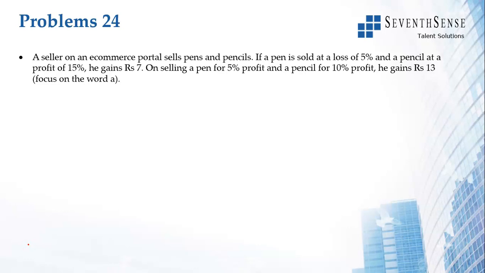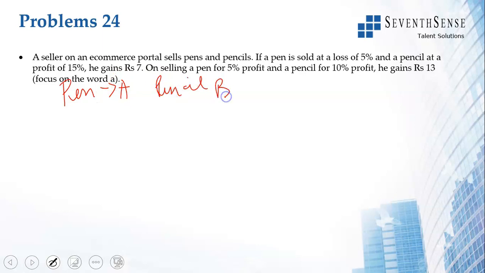So let us take the pen as A and pencil as B. Pencil is sold at a profit of 15%, so 15 by 100 of B, and pen is sold at a loss of 5%, which is 5 by 100 of A.